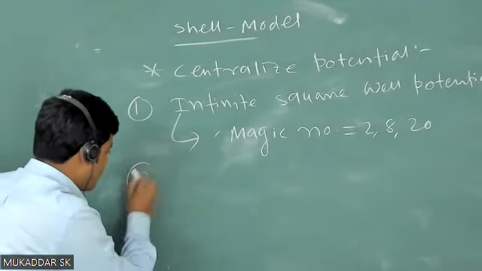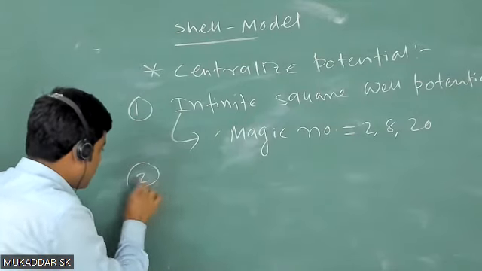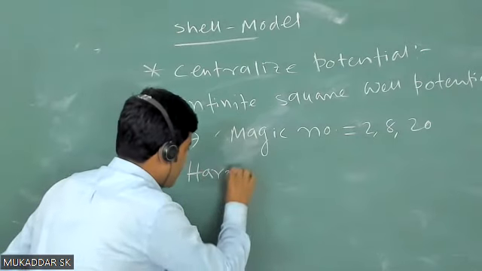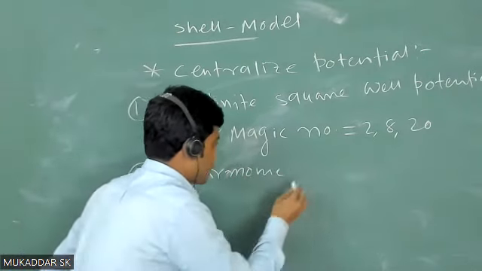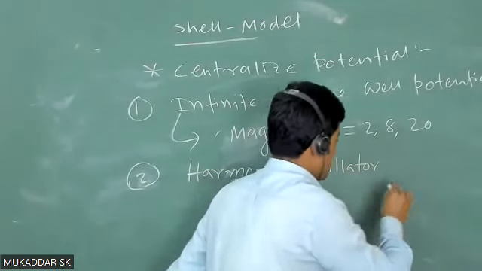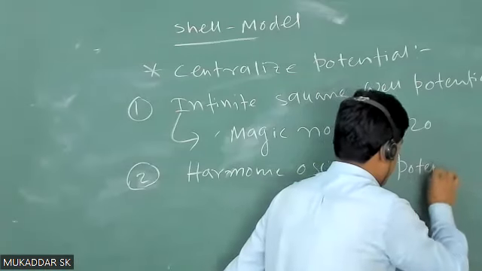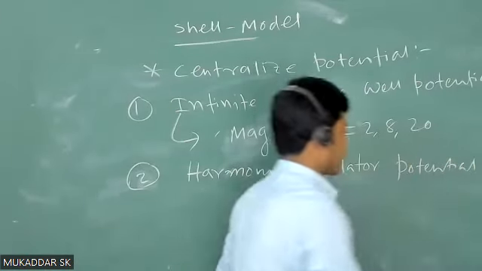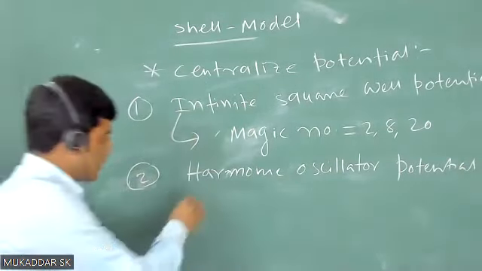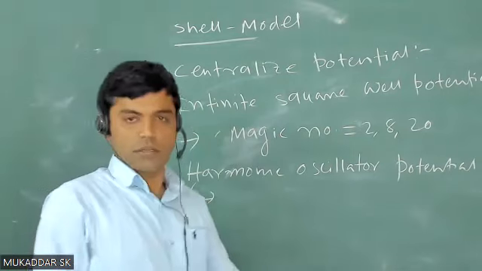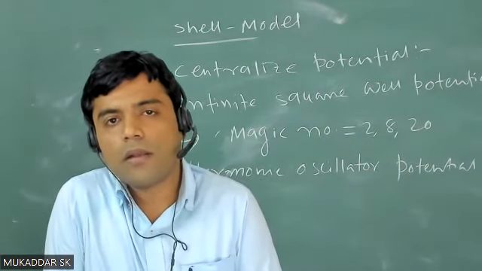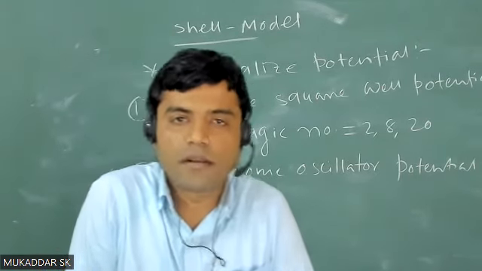Now, sorry, this is your second. Then they have taken a harmonic oscillator potential. Again, the harmonic oscillator potential describes that the nucleus has a shell structure.